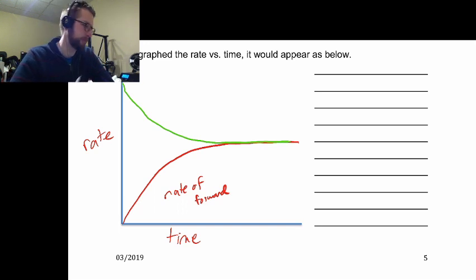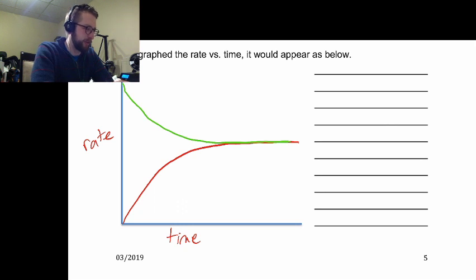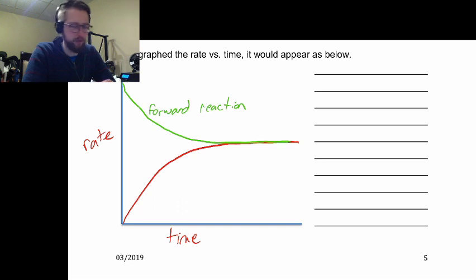Wait a second, doesn't the rate of a reaction depend on concentration? So shouldn't the rate of the forward reaction be the one slowing down? Oh yeah, okay, I got them backwards. Oh, whew. I knew there was something bugging me. So think about it like this, okay, this is better. This is the forward reaction, because over time, the reactant is losing concentration.